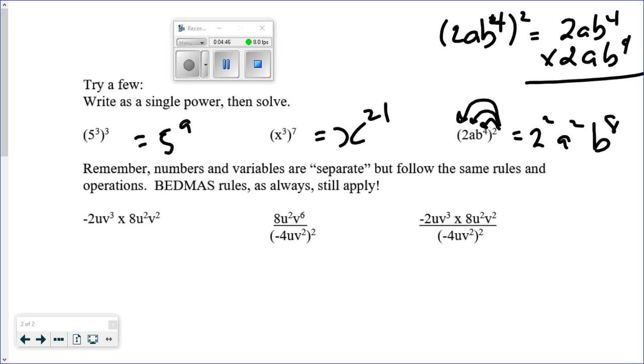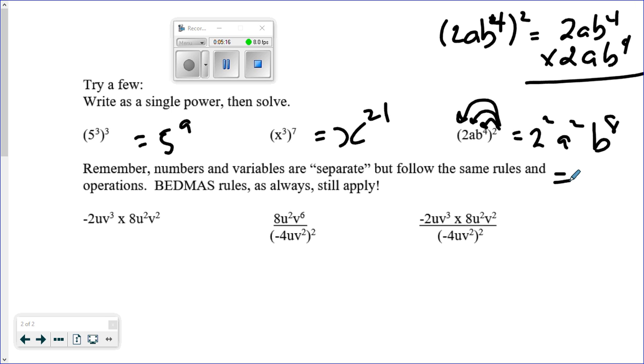That little squared symbol means we're taking 2ab to the 4 and multiplying it by 2ab to the 4. And notice that if we were to use our rules, 2 times 2 would, using the exponent rules we used yesterday, the multiplication rules, add the exponents of 1 and 1 to get 2 to the power of 2. A times A gives a squared, and B to the power 4 times B to the power 4 gives us B to the power of 8.